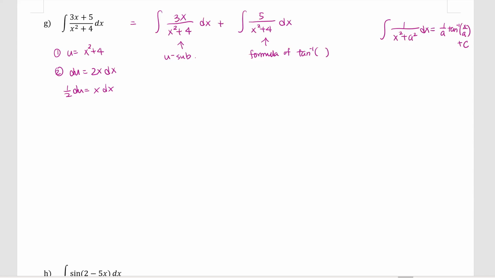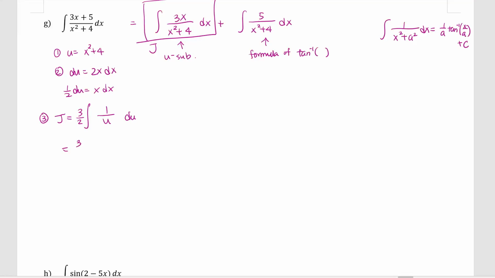Okay, so let's call this guy J. Then J equals 3 over, we can put the 3 out in front actually. X dx is 1/2, we can put the 1/2 in front. And then we have 1 over u. Right, everybody?